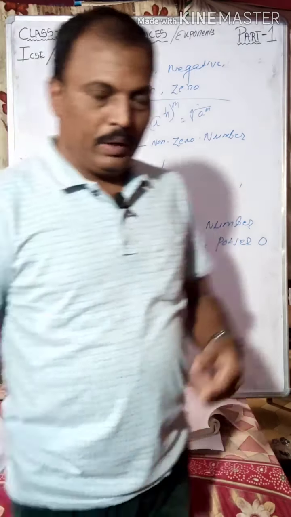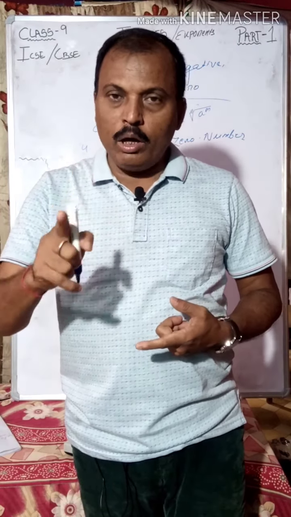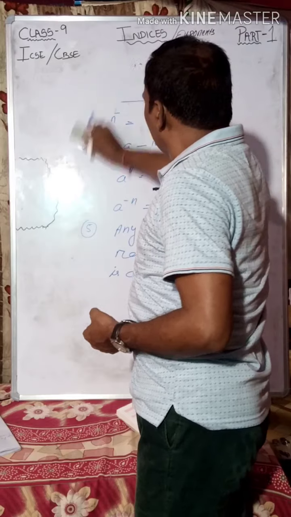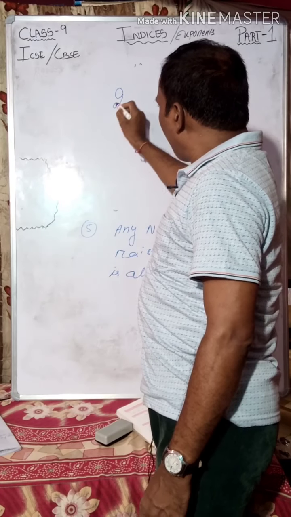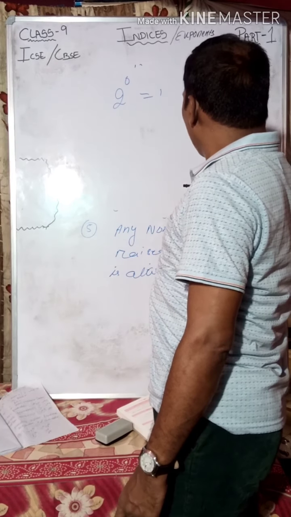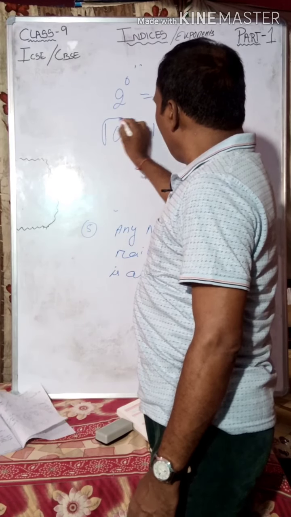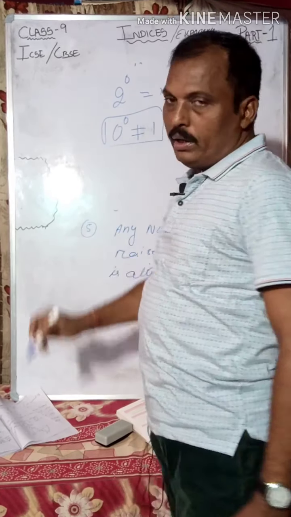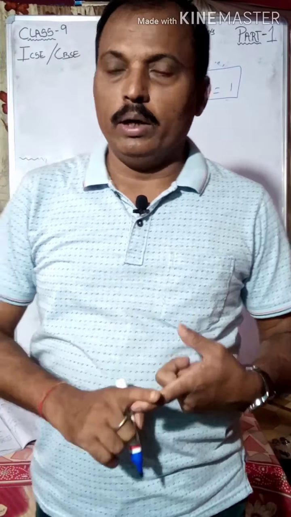Any number other than 0, raised to the power 0, is equal to 1. Very important. It means 2 to the power 0 is equal to 1, x to the power 0 is equal to 1. But 0 to the power 0 is not equal to 1. Anything else, x to the power 0, is equal to 1.